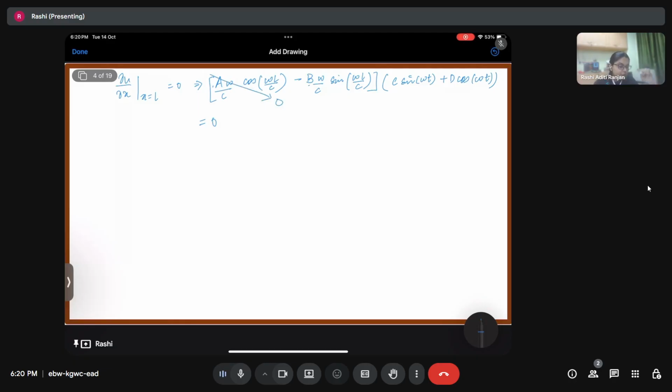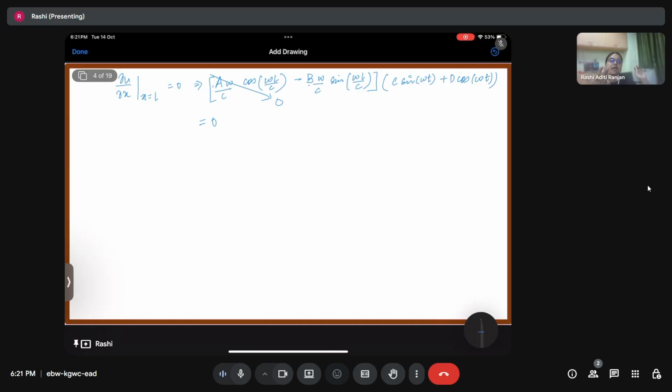Now for these terms to be equal to 0, what are the probable ways? Again C and D cannot be equal to 0. And if we take B also equal to 0, then what is going to happen? Since B is multiplied with C and D, if B is equal to 0, then again there is no vibration. It says that either there is no deformation or there is equal deformation, which is not possible.